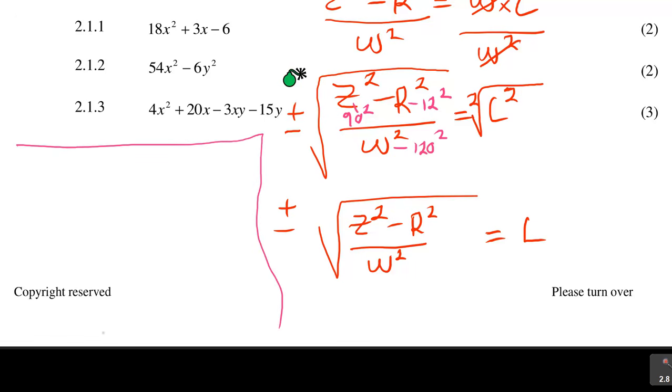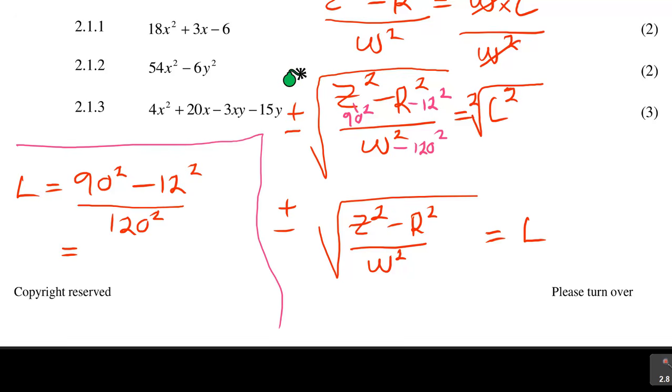So if I finalize it here, my L is equal to the square root of 90 squared minus 12 squared over 120 squared. It's just 2 marks. Don't overthink it. Don't make it long. Just go straight to your calculator and it will give you your answer.